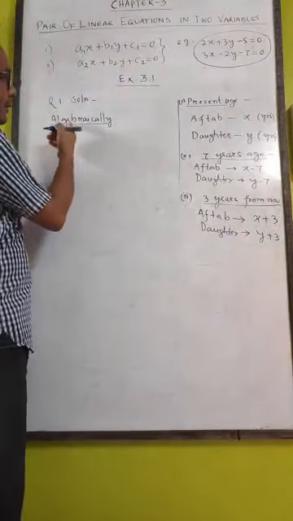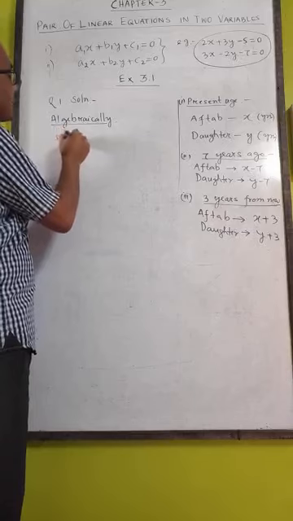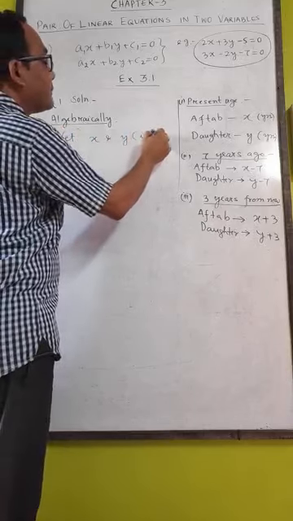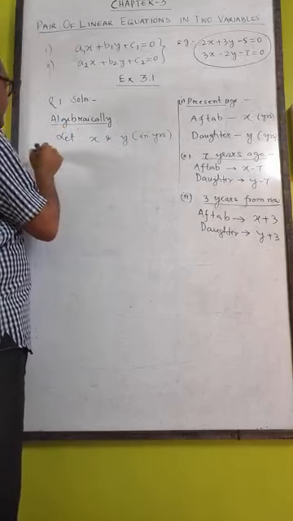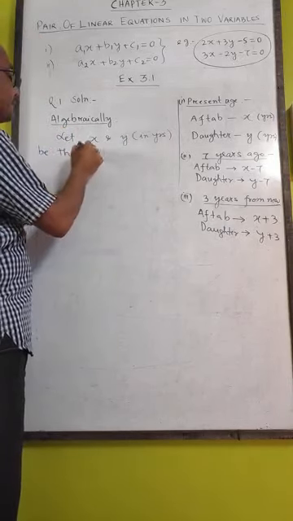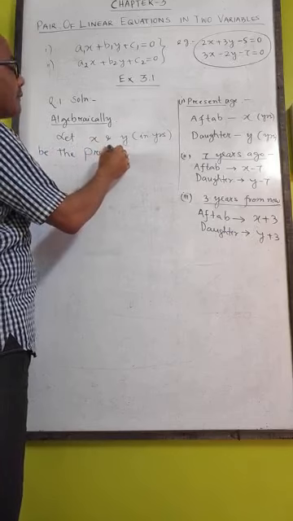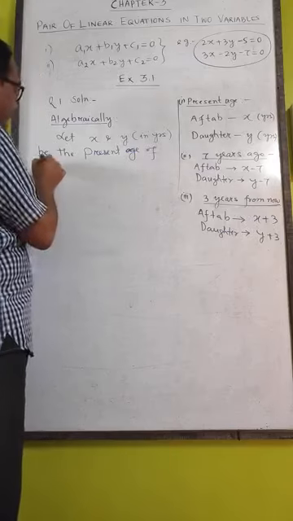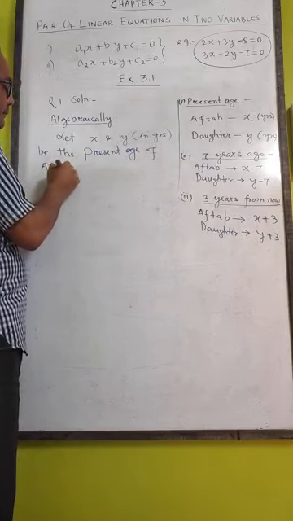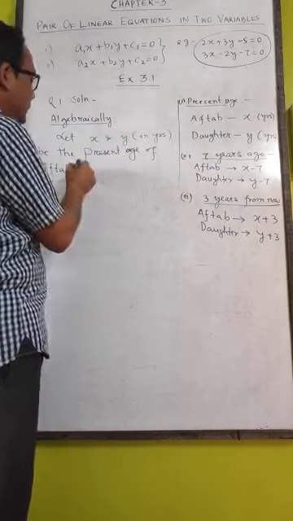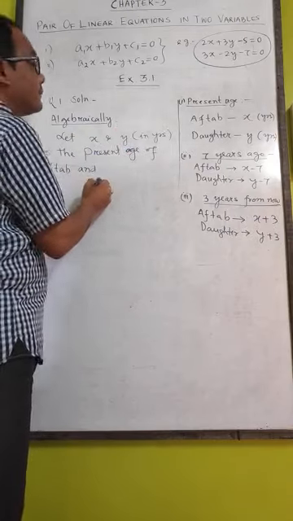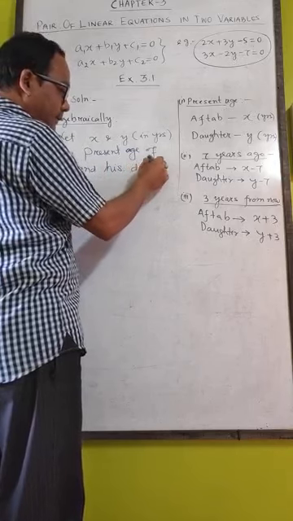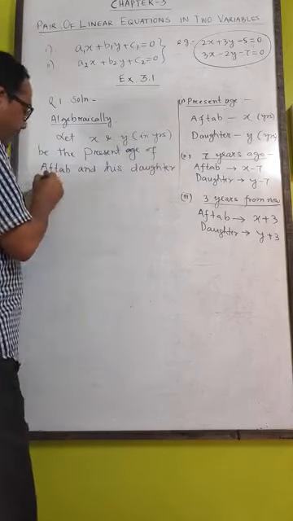So when we write algebraically, you write: let x and y in years be the present age of Aftaf, which I have shown there already, and his daughter respectively.